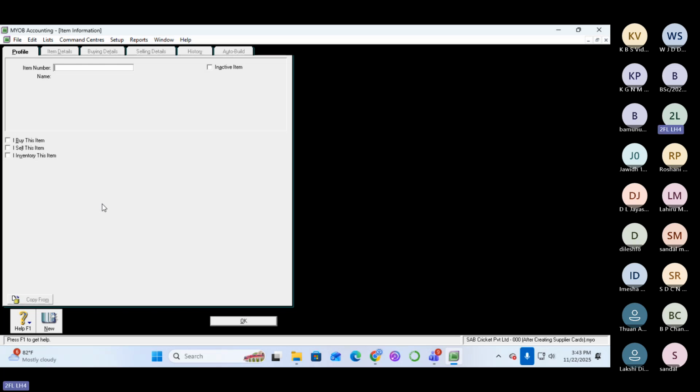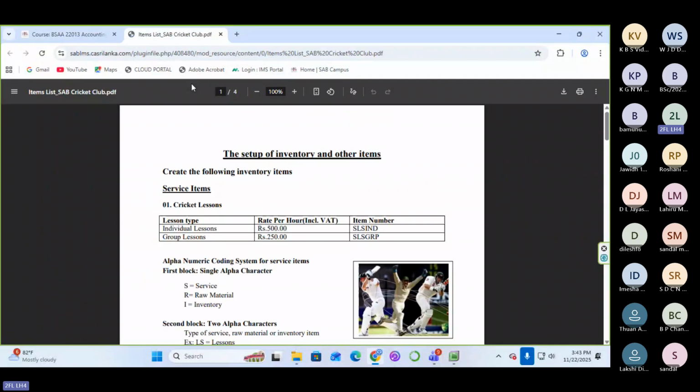Okay. Right. Now, before filling this, I want you to go to the document I have uploaded, the item list SAB cricket fact.